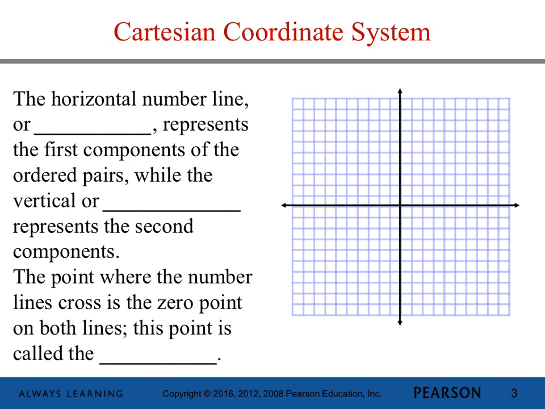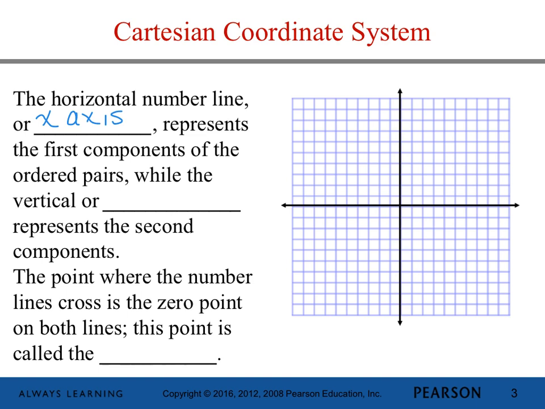So the horizontal number line, which is the x-axis, represents the first components of the ordered pairs.